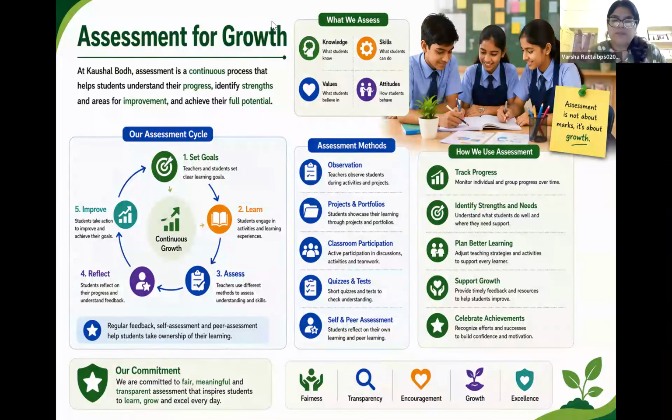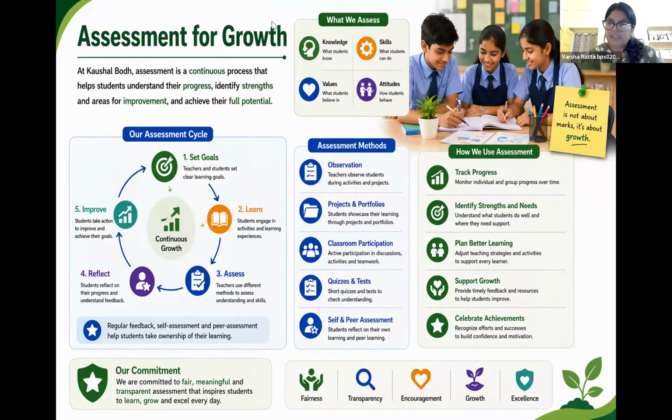Second thing is students engage in activities and their learning experience. Then you assess it. Then there's a reflection thing which is important. So you reflect on the progress of the child. उसको ऐसे नहीं छोड़ देना, आपने ये देखना है कि उसने जितना हमने सोचा था उतना सीखा या नहीं. And then if there's scope for improvement, we start the cycle again.